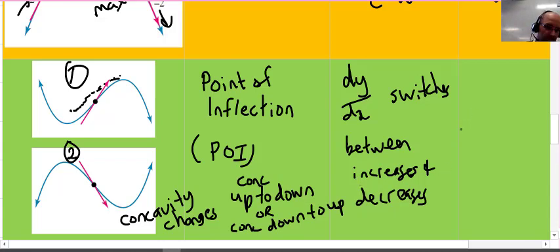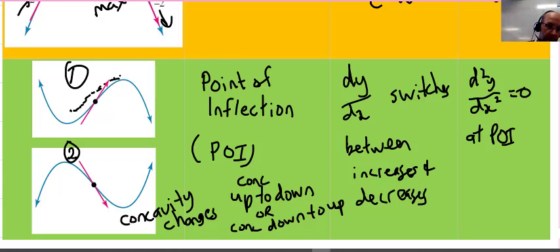The second derivative equals 0 at the point of inflection. So the rate of change of the tangents is 0 there at the point of inflection. This one here has a positive second derivative and then it switches to a negative second derivative. So that's the other feature.